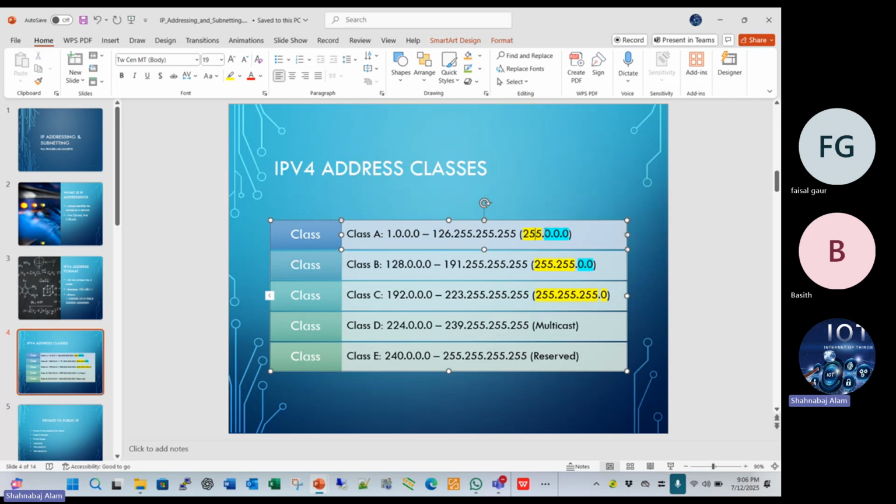So 8 and 8 is 16, 16 and 8 is 24, and 24 and 8 is 32. So in class A only the first 8 bits are network, in class B 16 bits are network, and in class C 24 bits are network and one octet is host. I hope you understand, right?